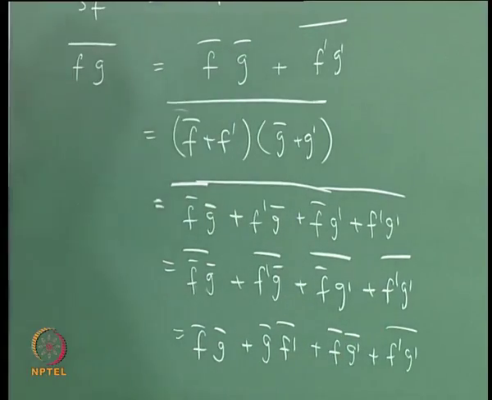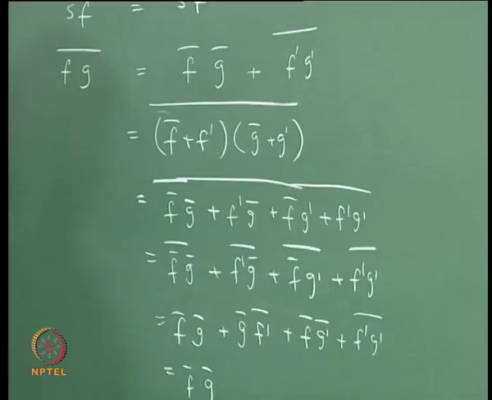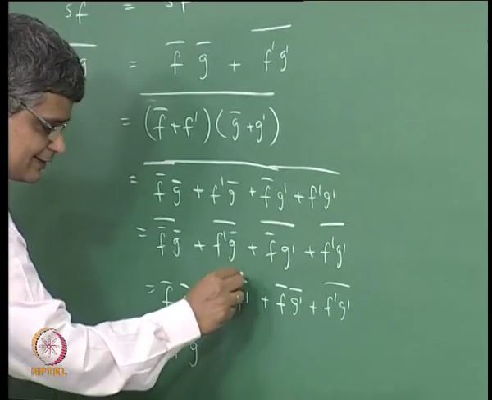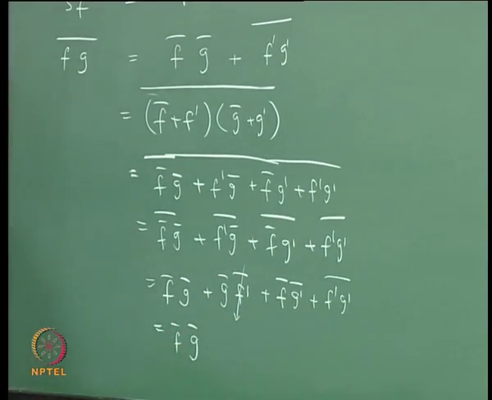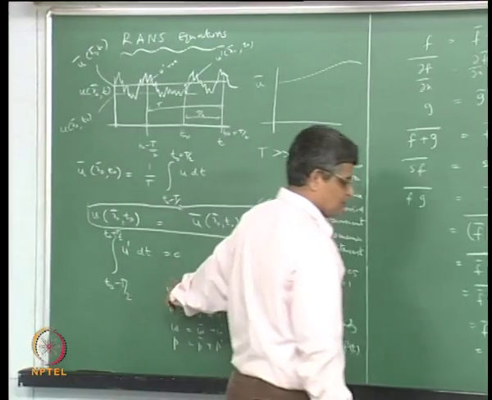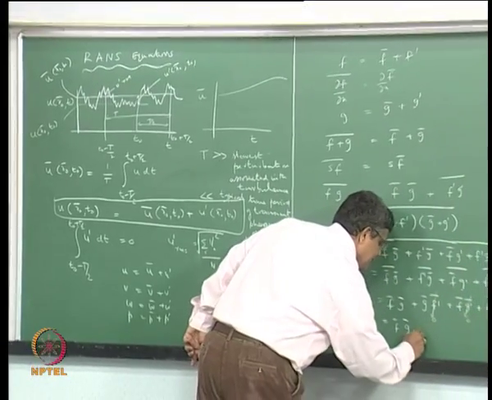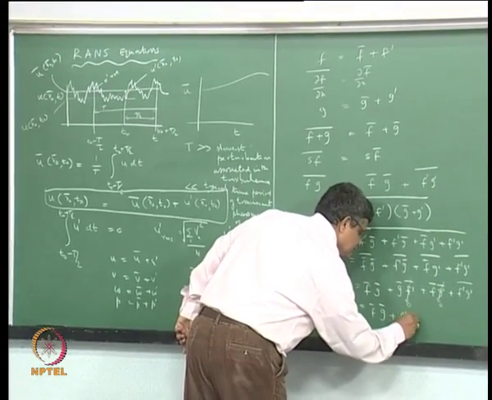So this is equal to f bar g bar, and this is 0 because we have said the integral of the time fluctuating component is 0, and this is 0, and we have the average of f prime g prime.